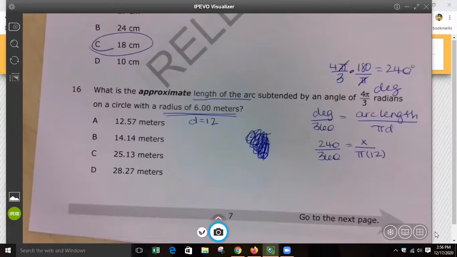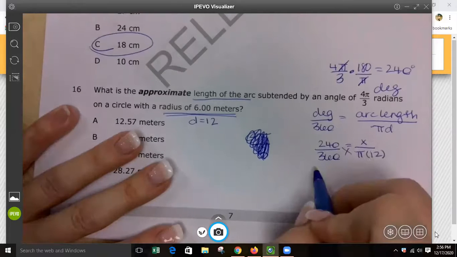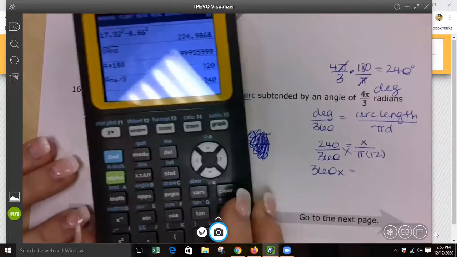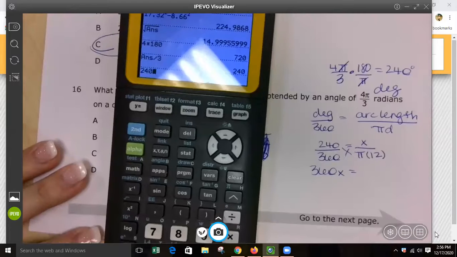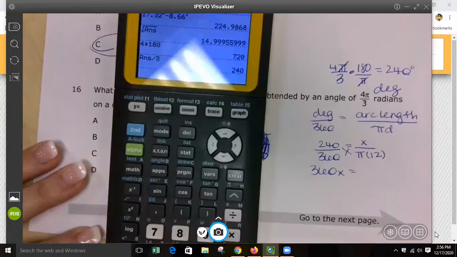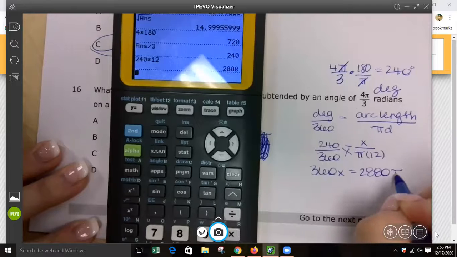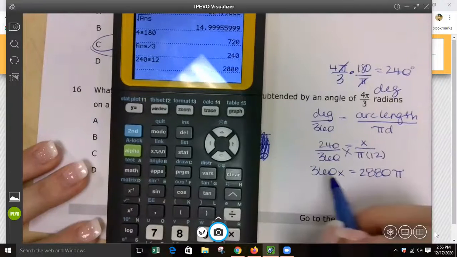This one did not leave it in terms of pi, but I like to leave it in terms of pi till I get to the end so it's not as much work. So I'm going to cross multiply. I get 360x equals 240 times 12, which is 2880 pi. Then I'm going to divide by 360.